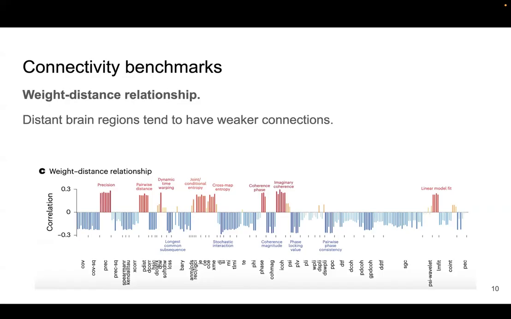Negative correlation doesn't mean it still means high correlation, right? Yeah, but that's what they expect to see. Negative correlation of strength with the distance. The closer the regions, the more interconnected they are, and the stronger is the connection.